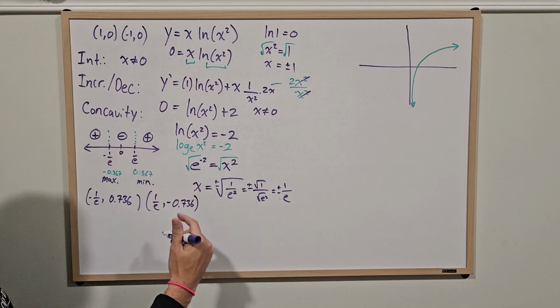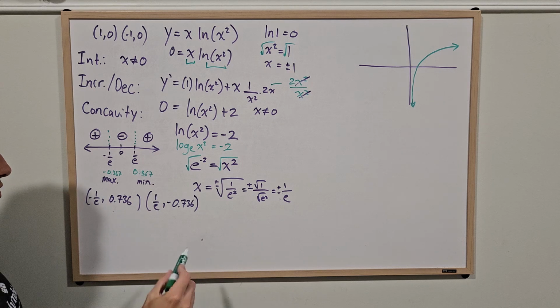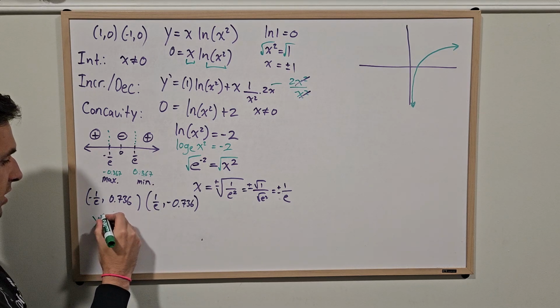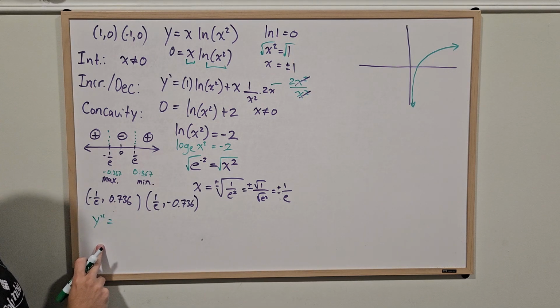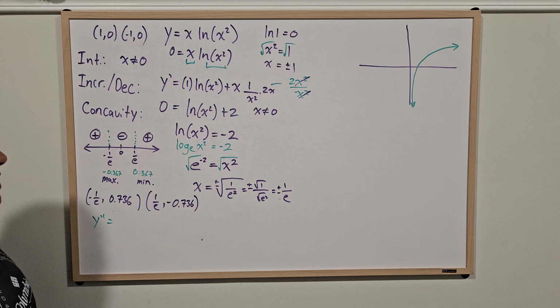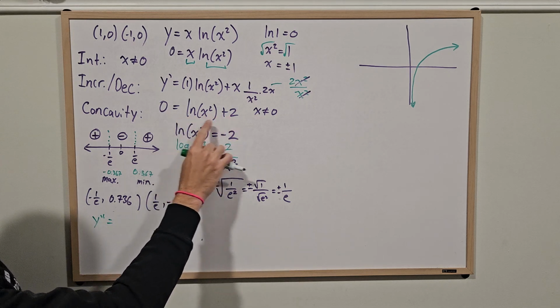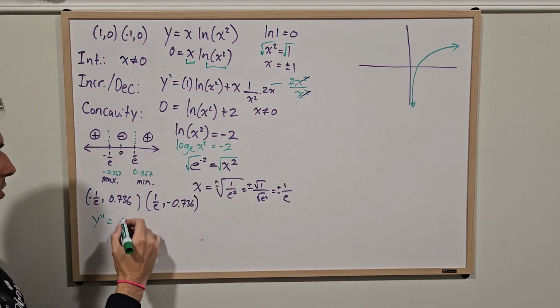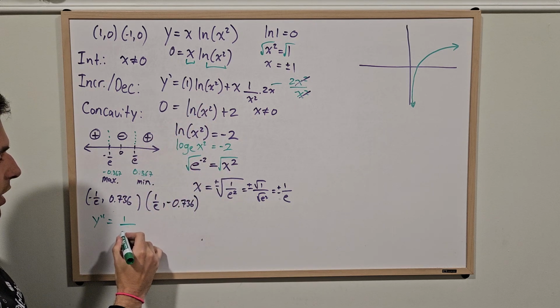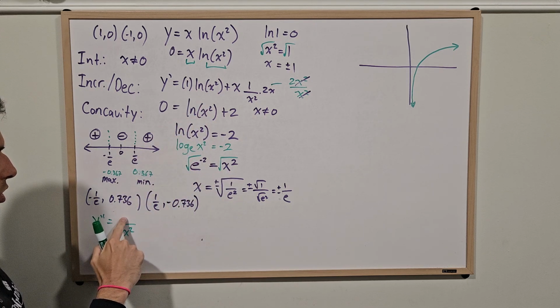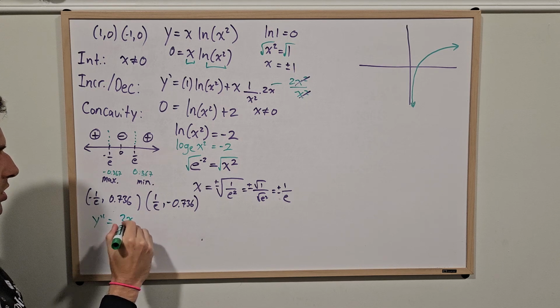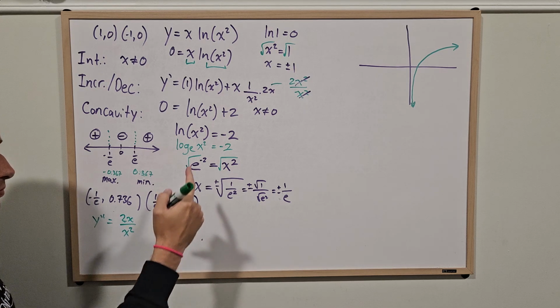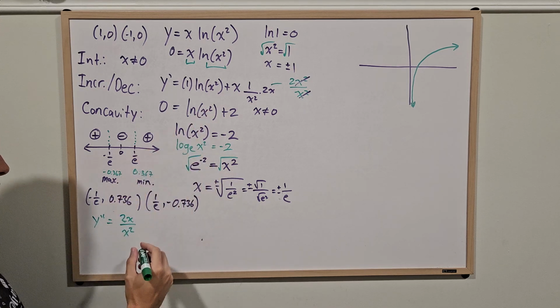Now I'm going to go ahead and take the second derivative down here. Okay, I'm going to do the second derivative in green. I'm going to use this form here to take my second derivative. Taking the derivative of this is going to be 1 over x squared. The top is actually going to be multiplied by 2x because that's the derivative of the inside function, right?